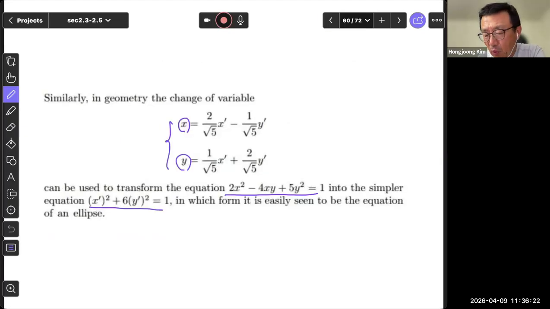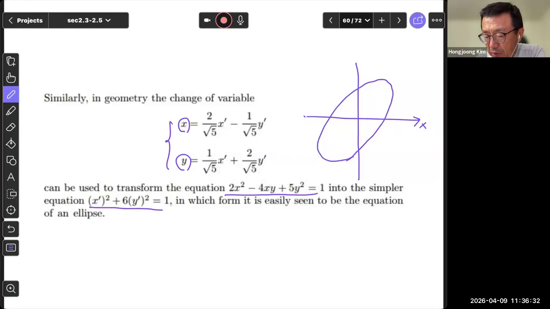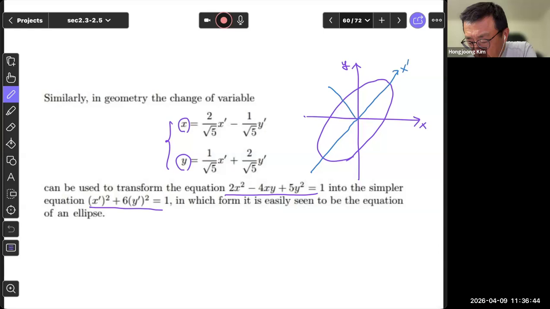In terms of x and y, you have some ellipse in the xy axes. But if I introduce new variables, the equation can be quite simple.